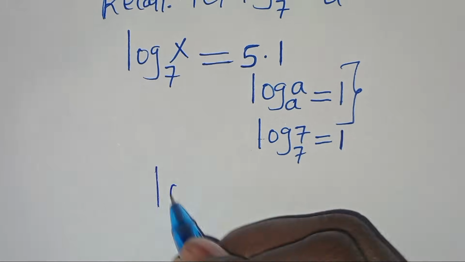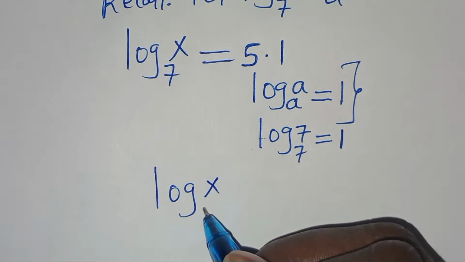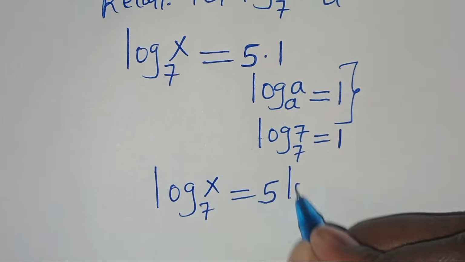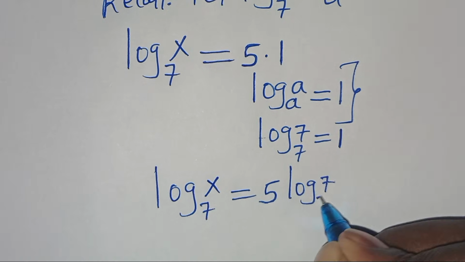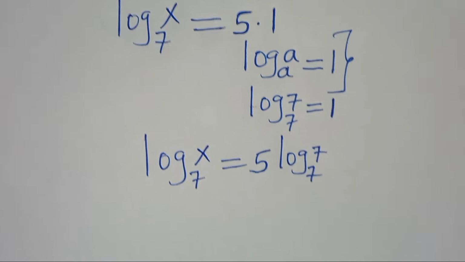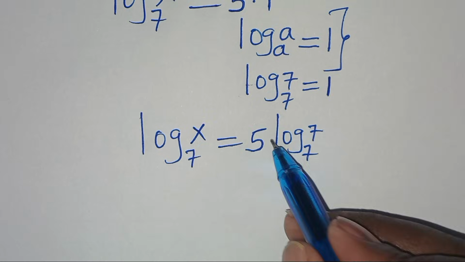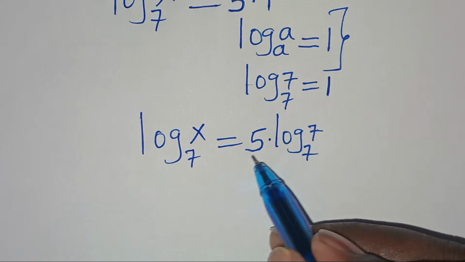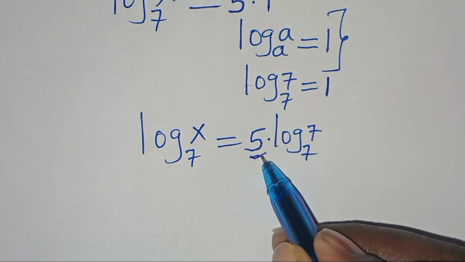So we have log x to base 7 is equal to 5 multiplying by log 7 to base 7. Now, we have introduced log 7 to base 7, which is the same thing as 1. So in this case, 5 here becomes the power.